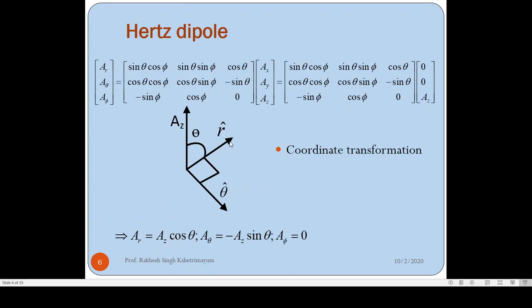You know that the angle between the radial unit vector and theta unit vector is pi by 2. This angle is theta, so the total angle is theta plus pi by 2. So Az cos of theta plus pi by 2 is simply minus Az sin theta. So without doing coordinate transformation also, you can find the relation between Ar, A theta and A phi for this simple case.